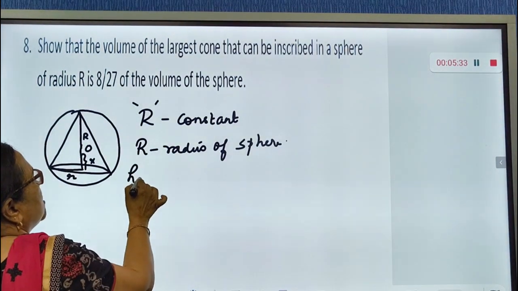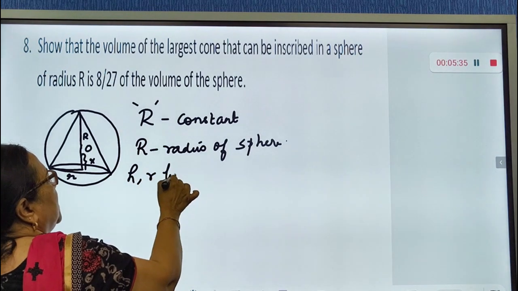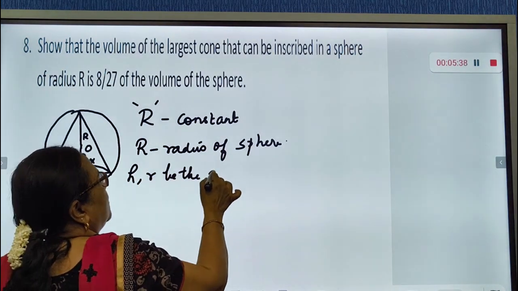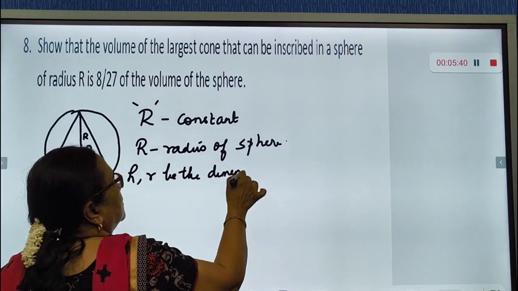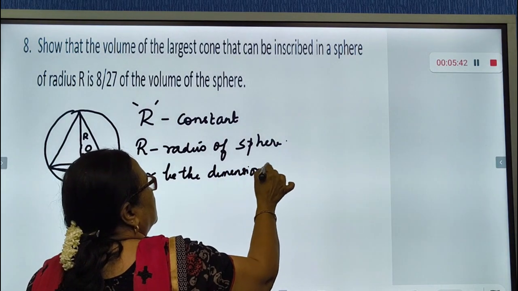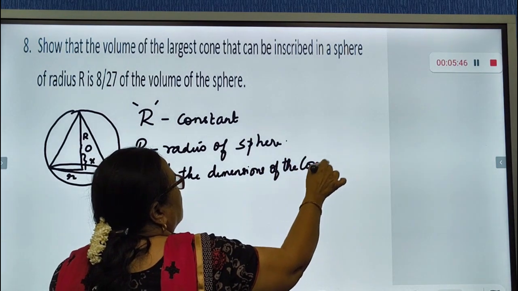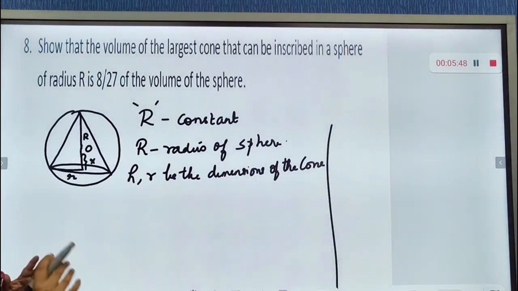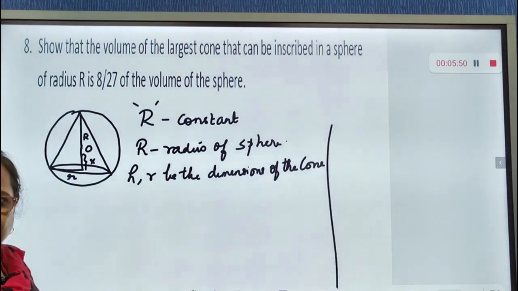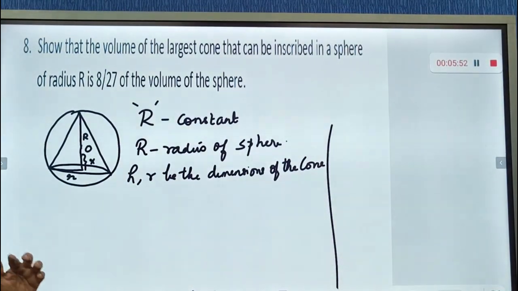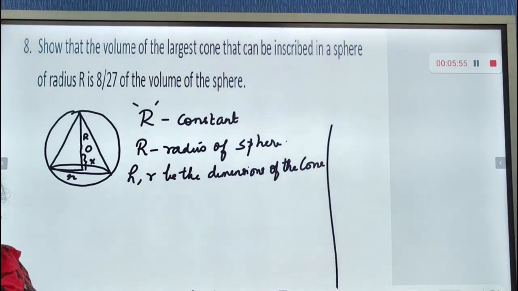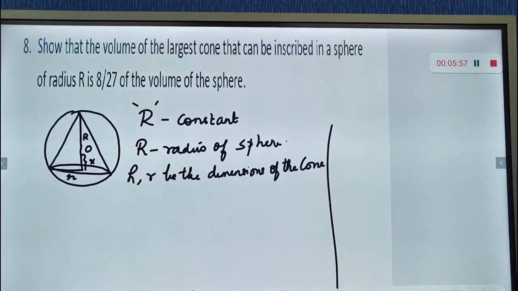So let H and r be the dimensions of the cone. So given a sphere, you can inscribe infinitely many cones. We want to find the dimensions of that cone which is going to have maximum volume.